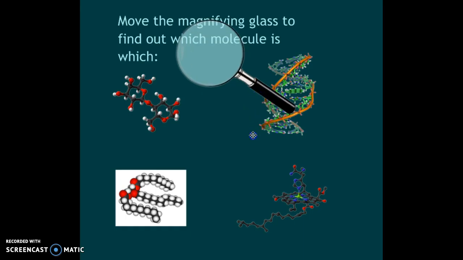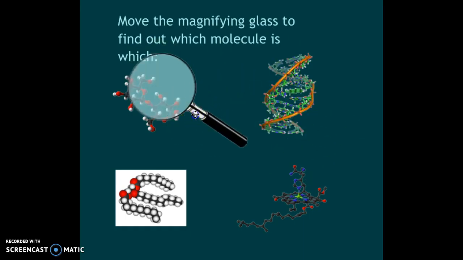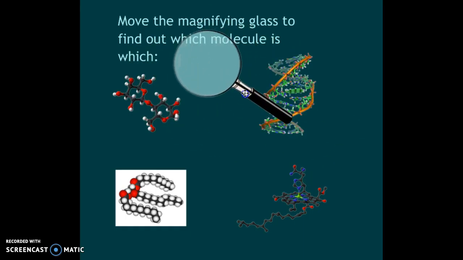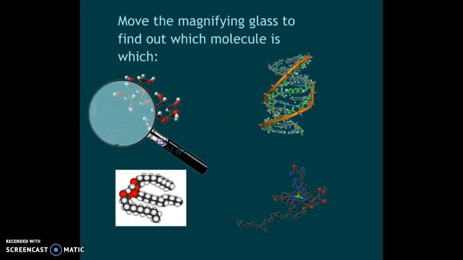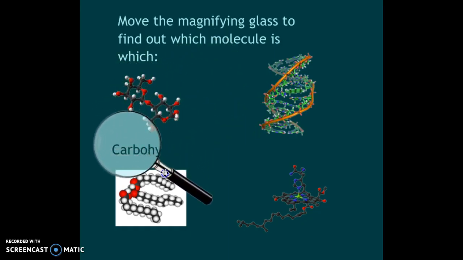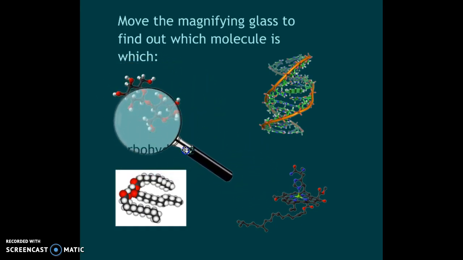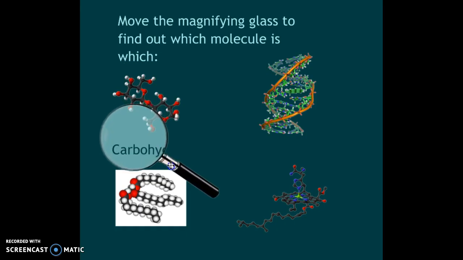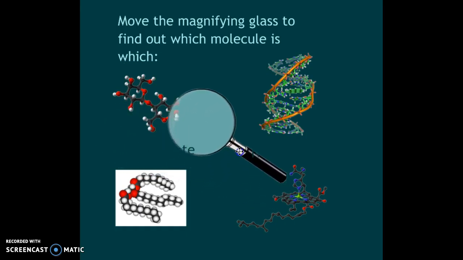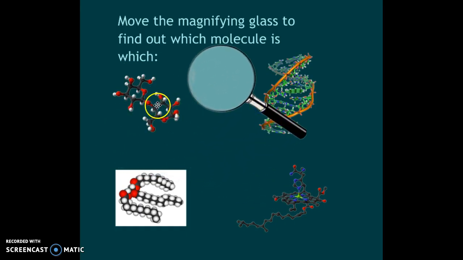We're going to move the magnifying glass to find out which molecule is which. So we can drag this magnifying glass around, and as we go over this one, we notice that there's text at the bottom. This one is a carbohydrate, and there are certain characteristics that will make you be able to tell that it's a carbohydrate. For instance, part of it is you see these rings of carbon molecules here.